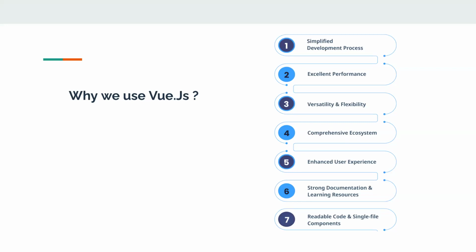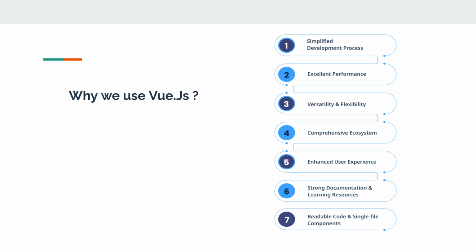Then the second one is excellent performance. If Vue.js is compared to Angular and React, it has very high runtime performance. And it is also lightweight. That's why we use Vue.js in our project. Then the third one is versatility and flexibility. I already told you that Vue.js is an adaptive framework.